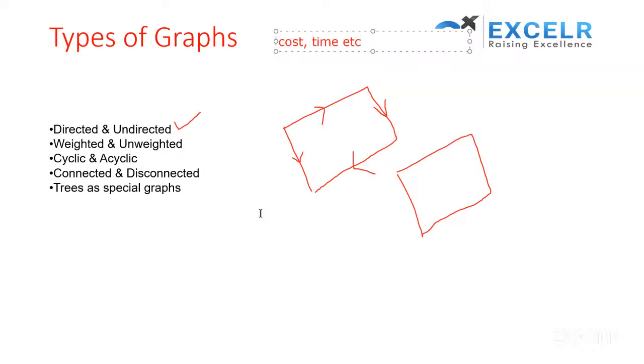Some people reach home late, but they are saving money. So this money saving, time saving, and other things are simply weights, right? So we are placing weights on the graph. And an unweighted graph is simply when there are no weights, no cost or time or any other metric on the edges. So this is weighted and unweighted graph.